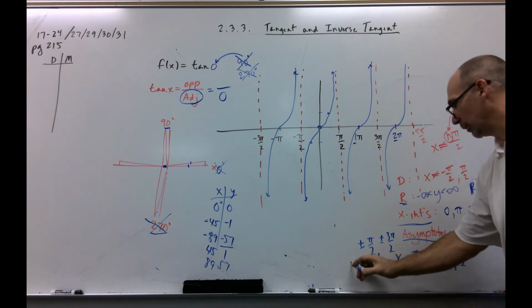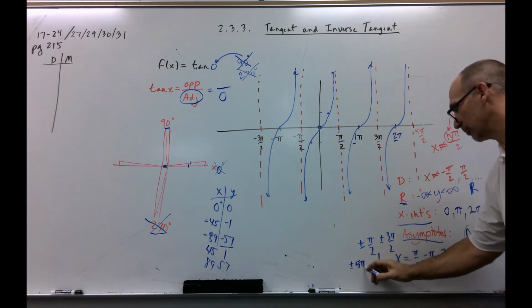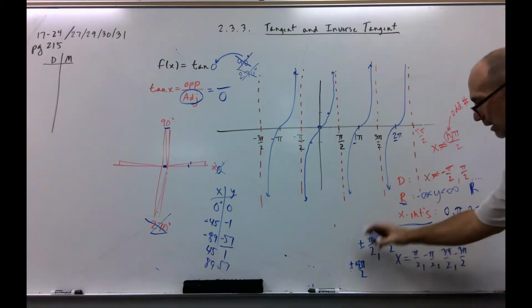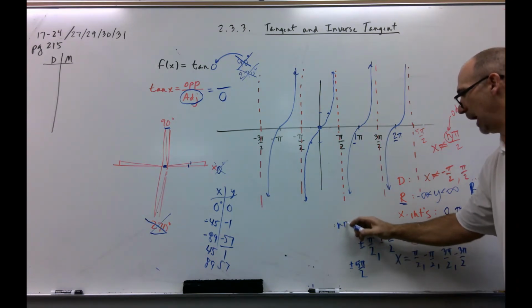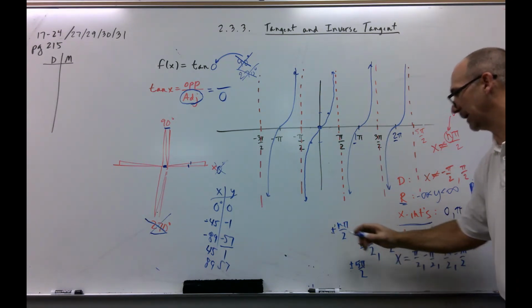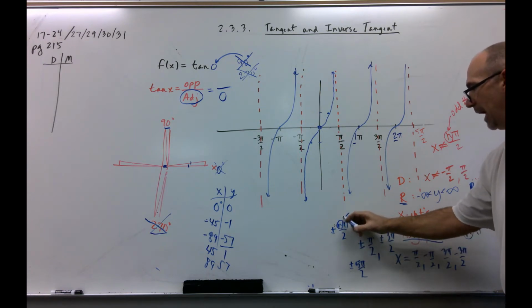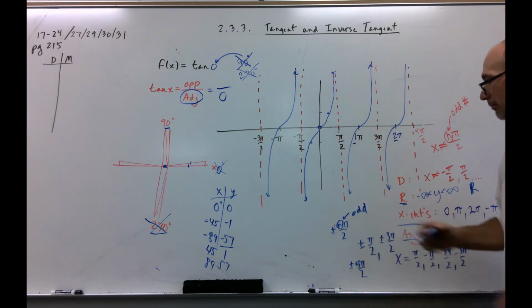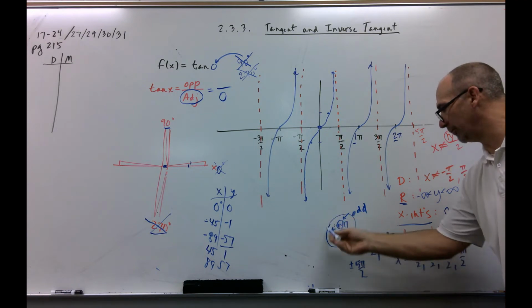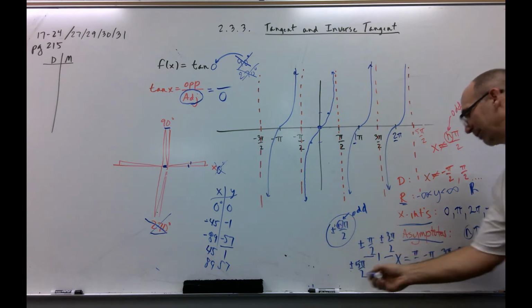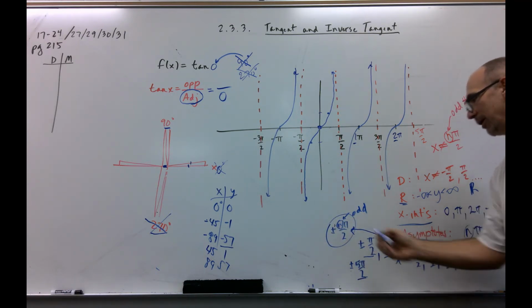And so we'd go plus or minus 5 pi over 2. And then to capture all of them, we'd say n pi over 2 plus or minus, but this has to be an odd number. So this explains all of them. This explains specific ones, which leads us to our formula.